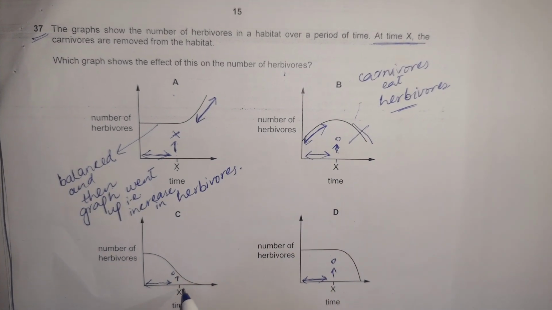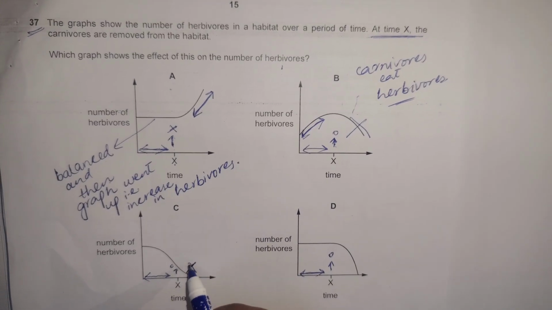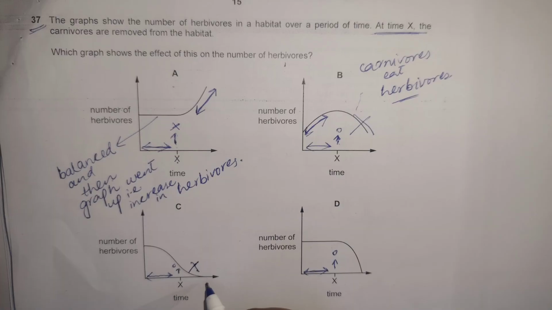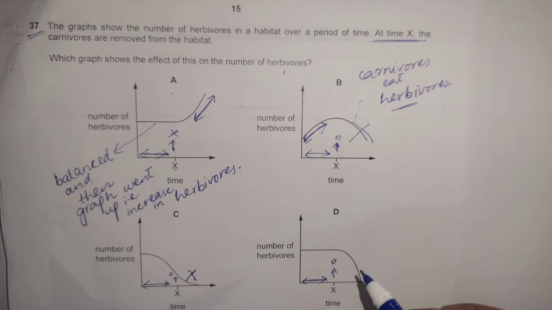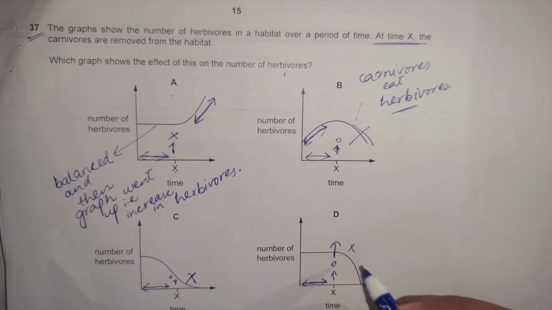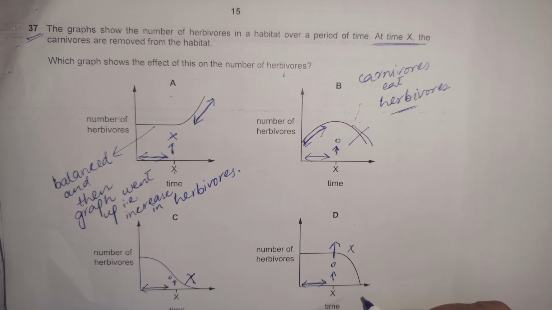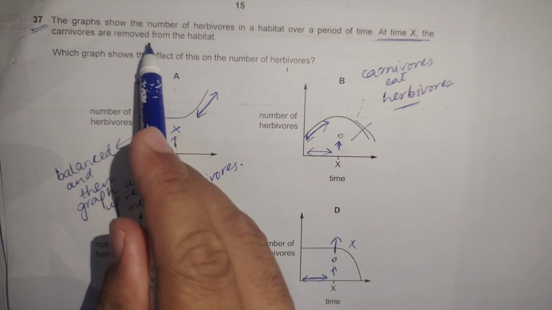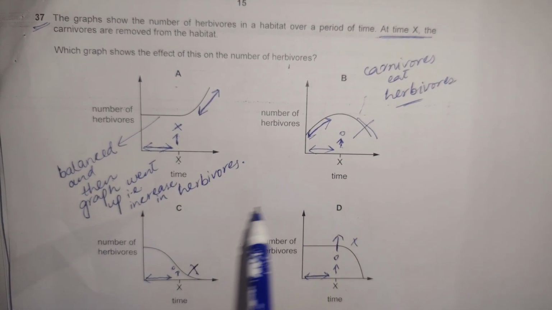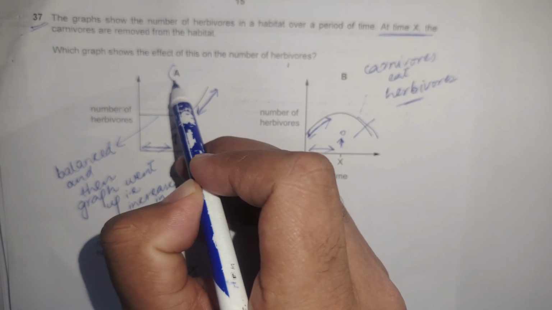Same way here, after point X, when there were no carnivores, how did herbivores decline? No, wrong. Same way here, when there were no carnivores, herbivores died. How? It is not making sense. So according to this understanding, the correct answer for this question is A.